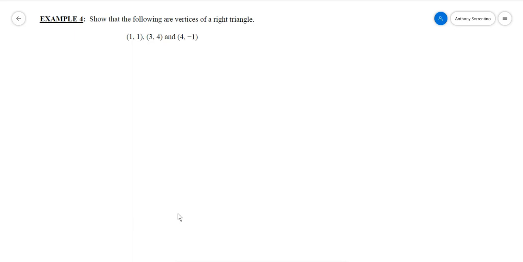I could graph it, and certainly a graph is useful for this as you try to find the correct distances, because it's the distances I'm looking for. And basically, if these are the vertices of the right triangle, then the sides that run between these various points would, as a result, be following the Pythagorean theorem. So the first thing I'm going to do is sketch a graph of this. And so again, I'm going to speed up the video so I can show the drawing.